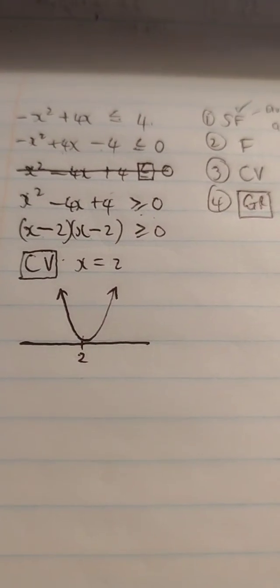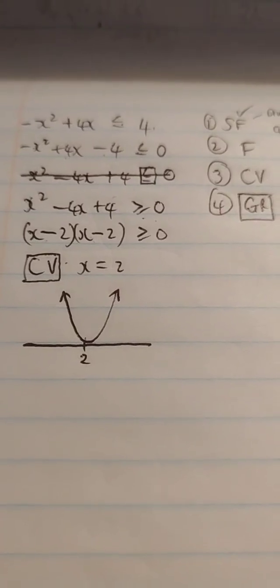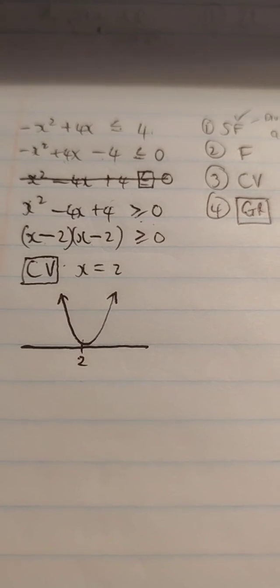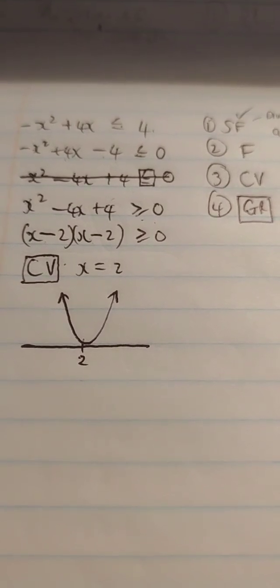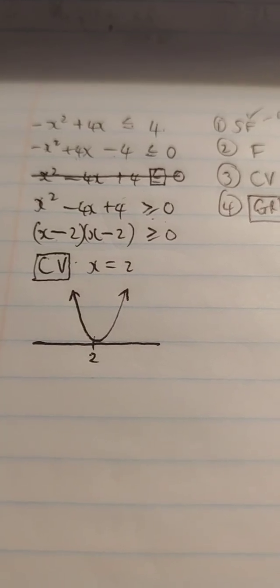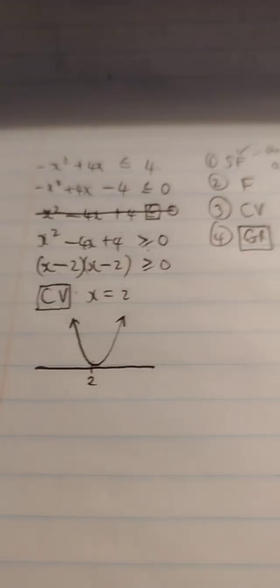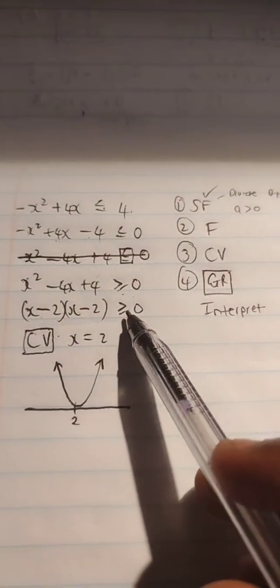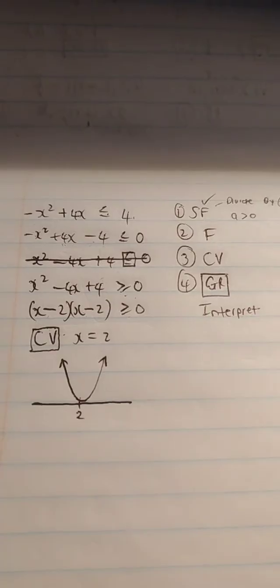And after doing so, what follows next? You go and interpret. What are we going to interpret here? We are going to interpret what greater than or equal to 0 actually means.